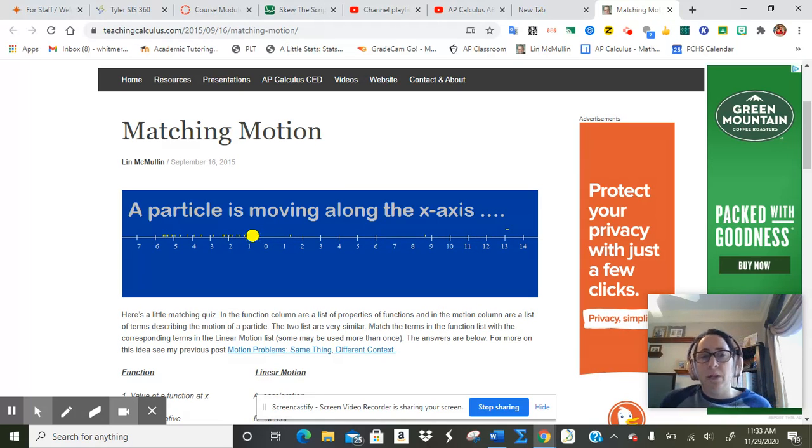Right now, when we talk about a particle moving along the x-axis, that little yellow dot is the particle, and we can see how it's moving. So we're going to have direction with the speed to get us to the velocity, and we're also going to have acceleration that we're going to be looking at.